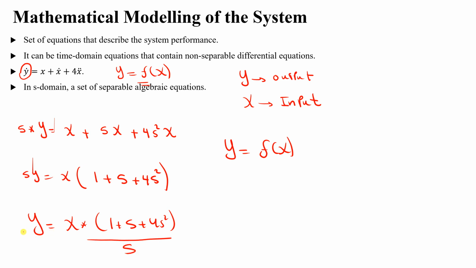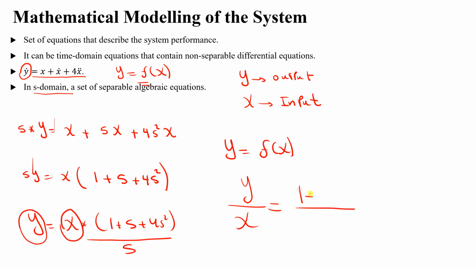So you can see that we now have y as a function of x in another domain, which is the S domain. So by converting a time domain equation into an S domain equation, we can now separate y and x. Why is this important? Because in our systems we will have output over input equal to a certain equation, which is 1 plus s plus 4s square over s.